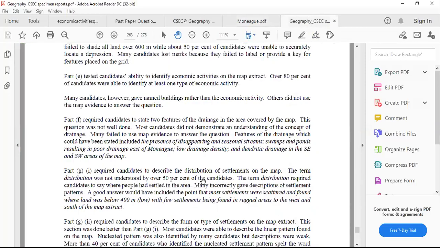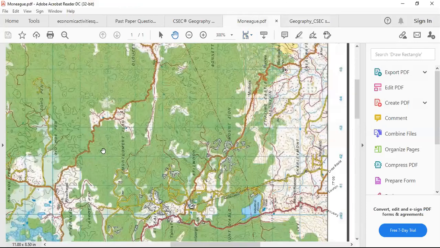The features of drainage: presence of disappearing and seasonal streams because it's limestone. Underground drainage is the same as disappearing streams, right? Swamps and ponds resulting in poor drainage to the east of Moneague, and then low drainage density and dendritic pattern in the southeast and west areas of the map.